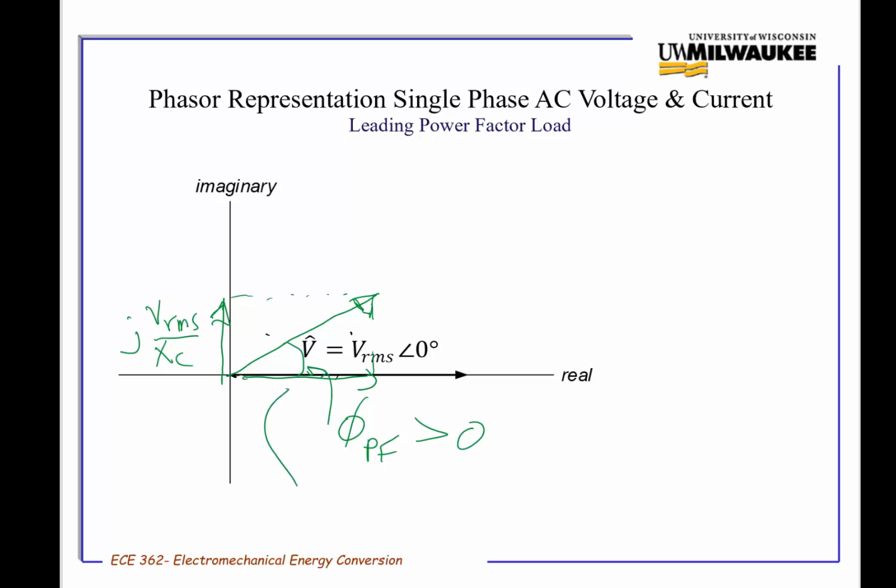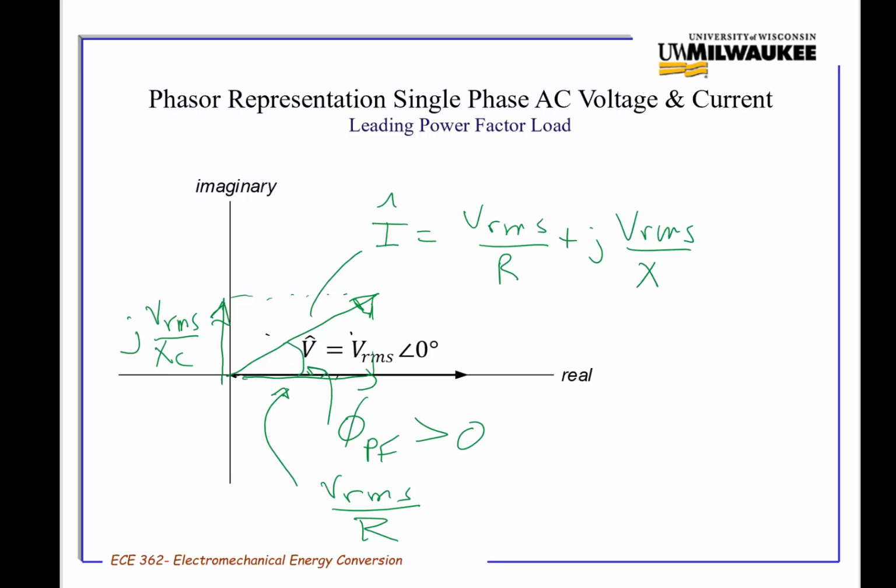There's a phasor on the real axis for the real part of the current, which is V RMS over R. So the total current I is V RMS over R plus j V RMS over XC.